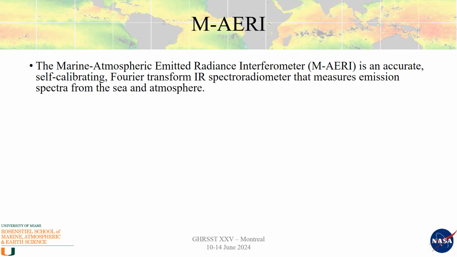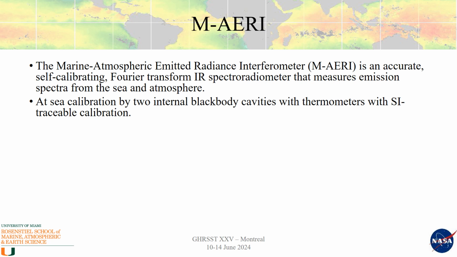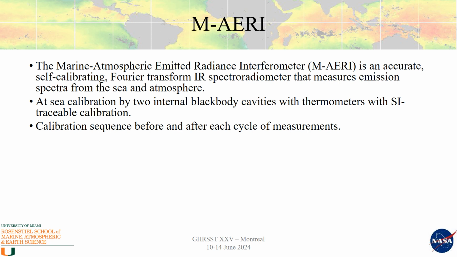It's a Fourier-Transform Interferometer with 2 black body cavities used in at-sea calibration before and after each measurement cycle. A measurement cycle is a measurement of the sea surface emission, the atmospheric emission at the angle that is reflected at the sea surface into the measurement of the sea emission, and at zenith.